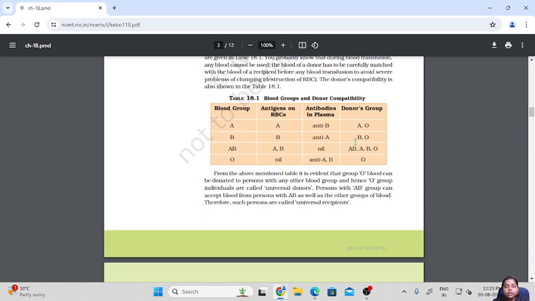So here we can see that O can donate to all groups, correct? That is why the O group is called the universal donor. Whereas AB can accept blood from all four types of blood group, so they are called universal recipients.